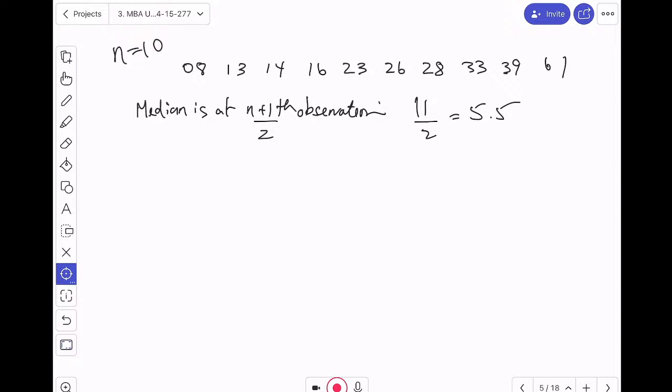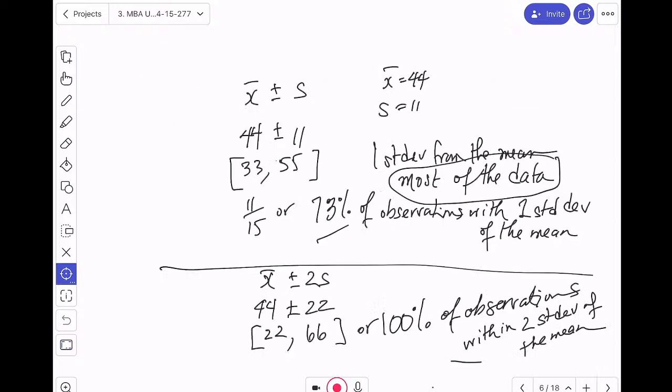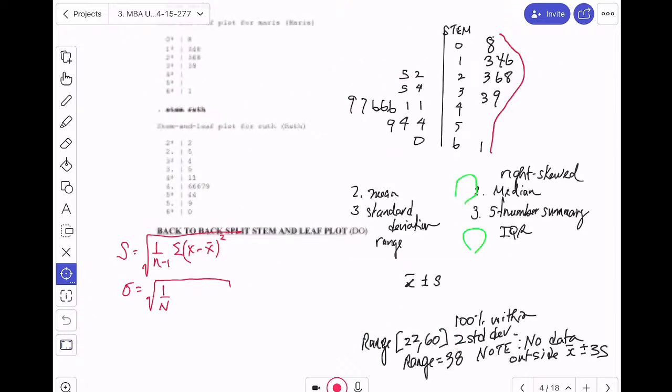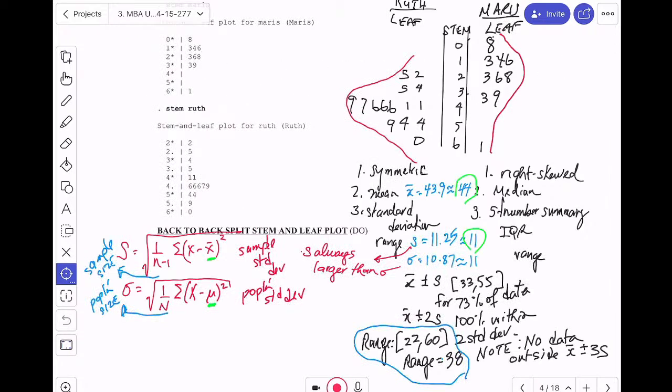Nicole is asking about the blank page. I don't know what you're referring to, what I wrote. Oh, did I write 66 here? No. That was 2 standard deviations from the mean. This is the range, the minimum to the maximum.